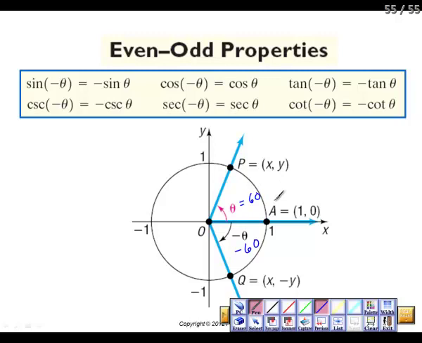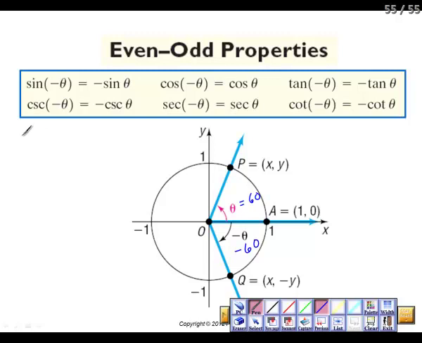But it doesn't have to be 60. I just used 60 because it looked closer to 60 degrees. With the even-odd properties, when we have sine of a negative theta, that equals negative sine theta.